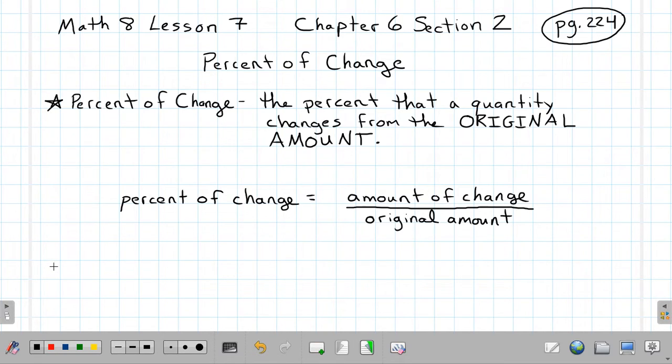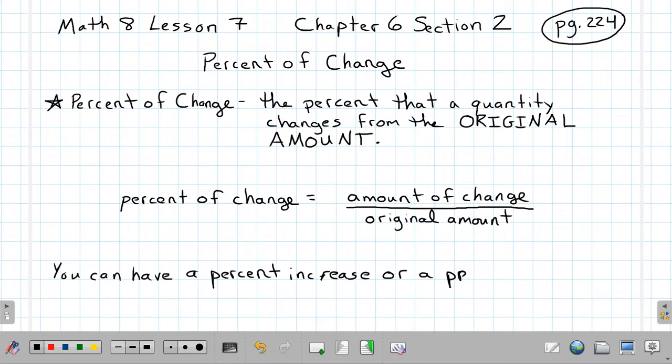So in that same idea, you can have a percent increase, so a number or a quantity that increases, or a percent decrease.